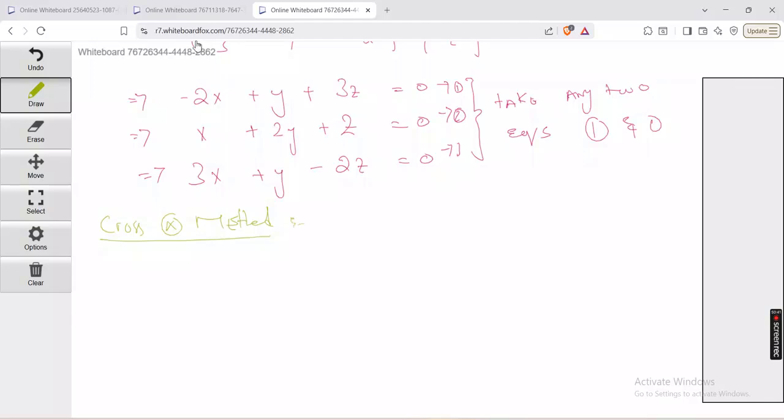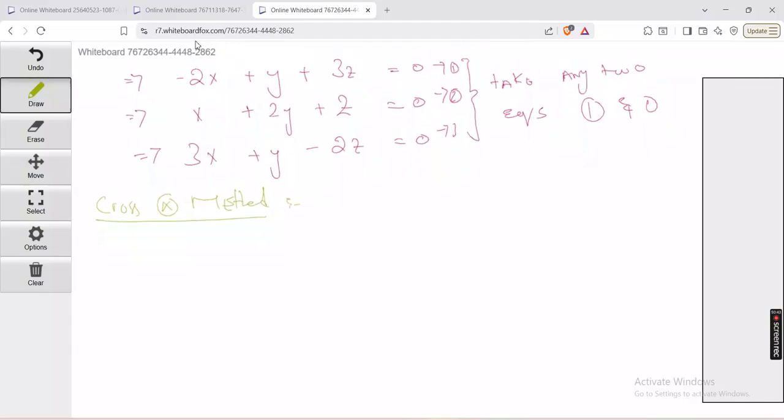If you write it in this way, which I'm writing, it will be easy for you and you will not get confused. For example, we have here x, y, z. Just put it like this: x, y, z, x, y, z.